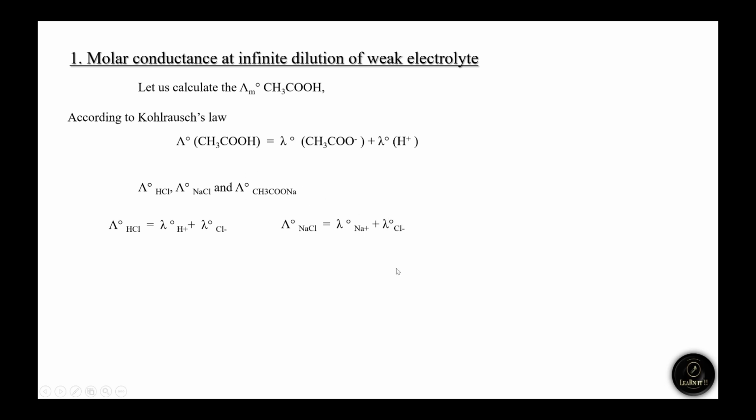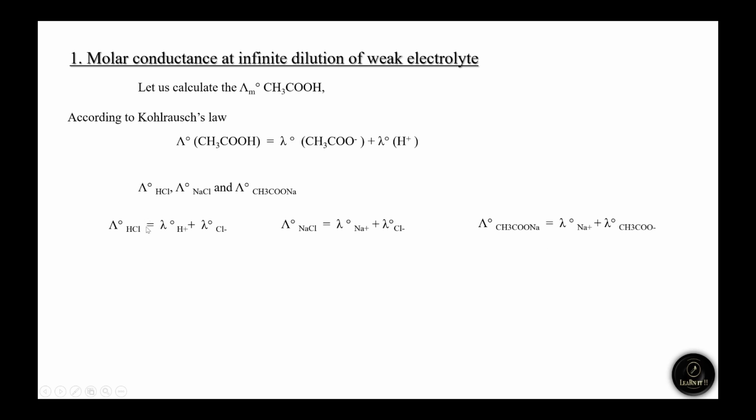With respect to sodium acetate, the molar conductance at infinite dilution is equal to the molar ionic conductance of Na plus ion at infinite dilution plus the molar ionic conductance of acetate ion at infinite dilution.